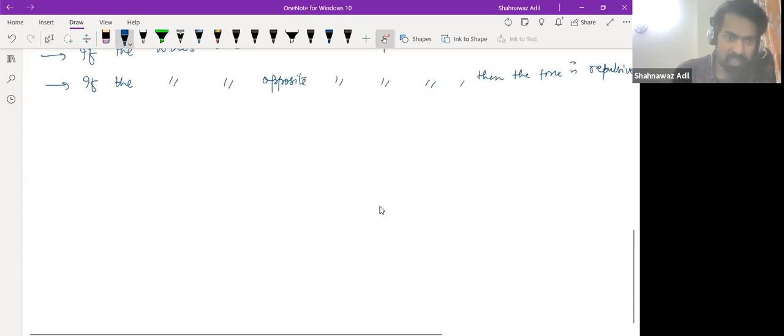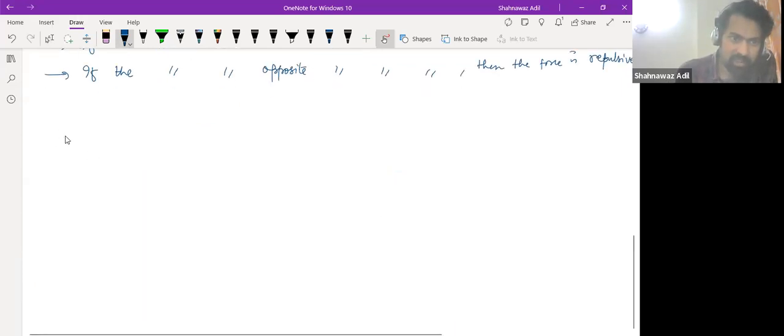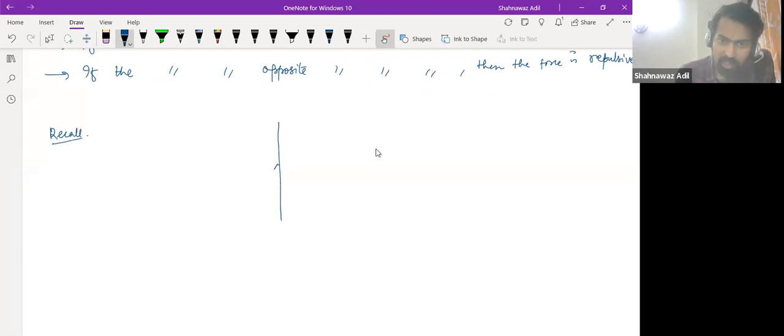So let me just recall this thing. If we have two wires in the parallel direction, they will feel a force, and that force would be attractive because they are in the same direction.